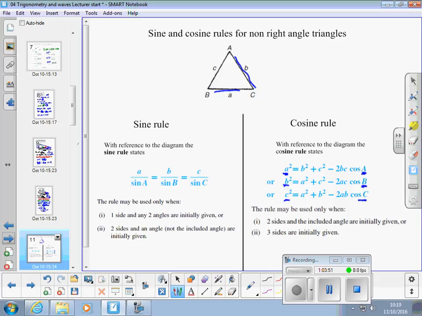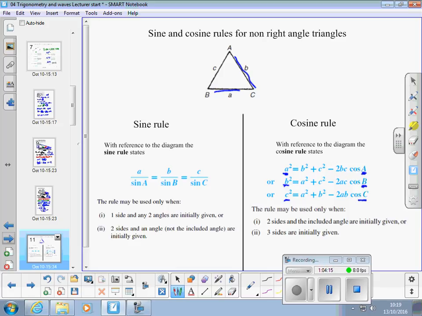Sine and cosine rule are likely to be given to you. Just know how to use them and rearrange them. Okay? You can use that rule if you know two sides and the included angle, like that, b and a and the included angle C, or if you know all three sides, then you can find an angle.